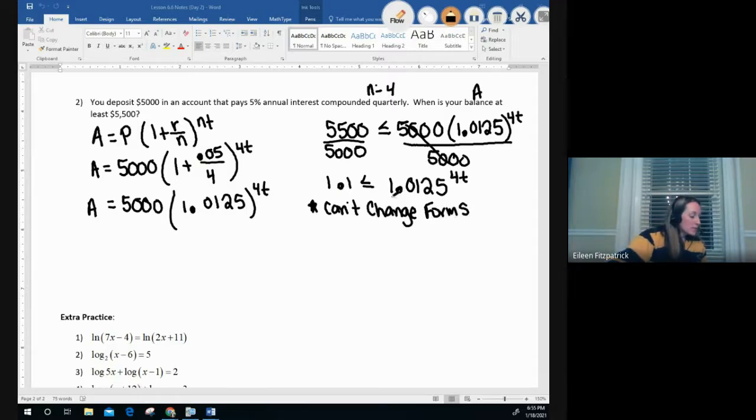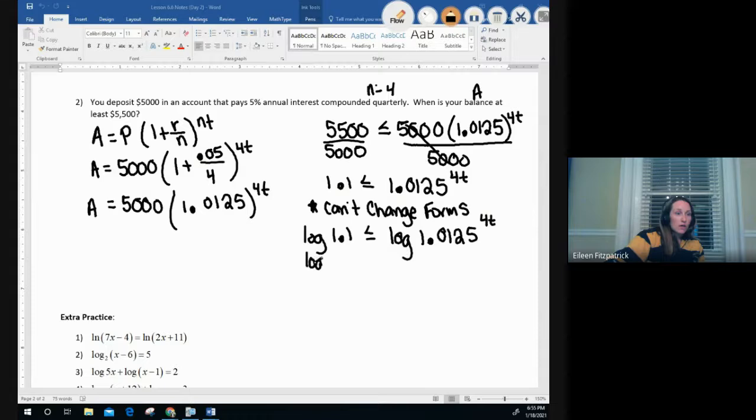All right, so instead, I'm going to log both sides. Okay, so I'm going to take the log of 1.1 is less than or equal to log of 1.0125 raised to 4T. Then I'm going to use my exponent rules, my log properties. I'm going to put the exponent in front of the log.